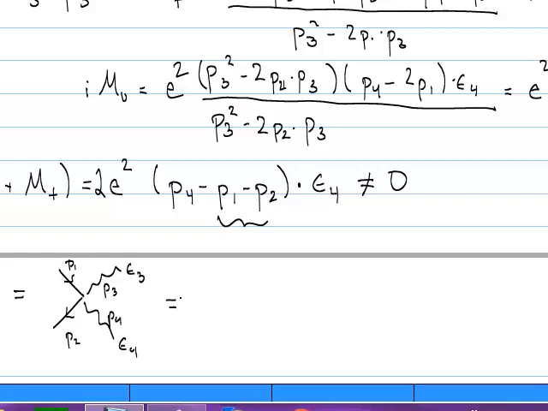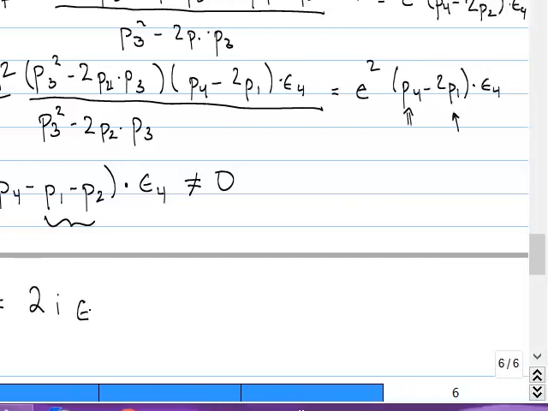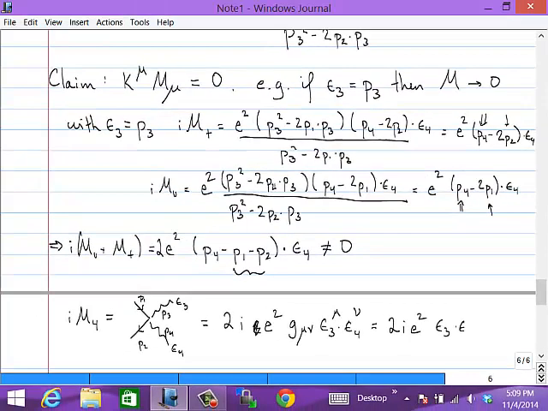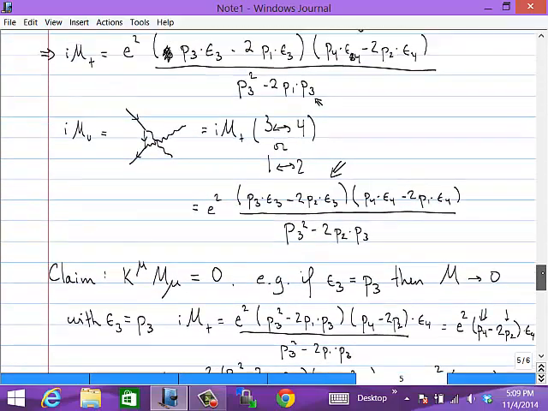Now, it doesn't actually depend on any of those momenta. You just get 2i times the electric charge squared, and what do you get? You get g mu nu, epsilon 3 mu, epsilon 4 nu, otherwise known as 2i e squared epsilon 3 dot epsilon 4, which tells me that I missed a factor of i somewhere up to here.